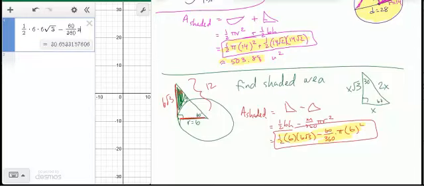And just to confirm it, I get 12.33 approximately. And once again, it is square units since it is an area.